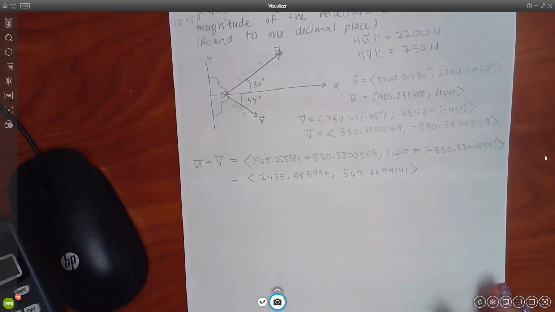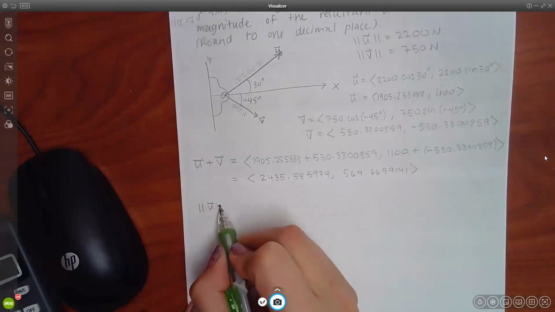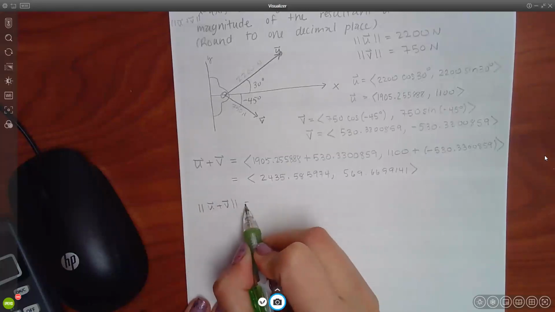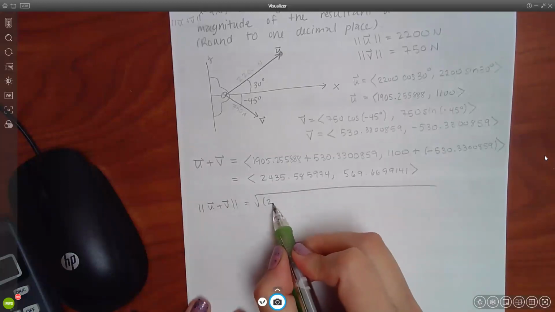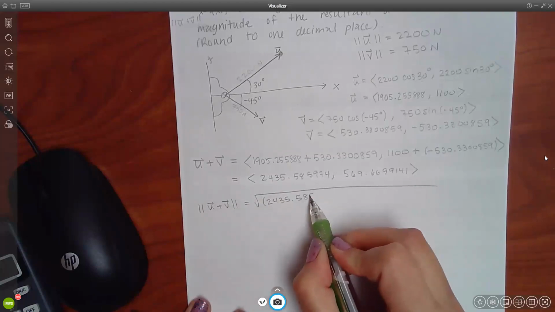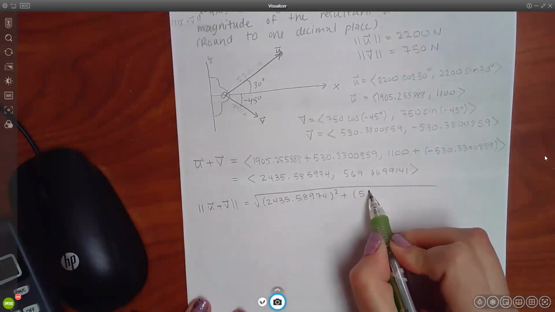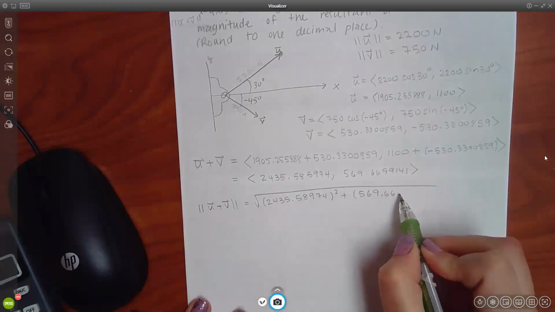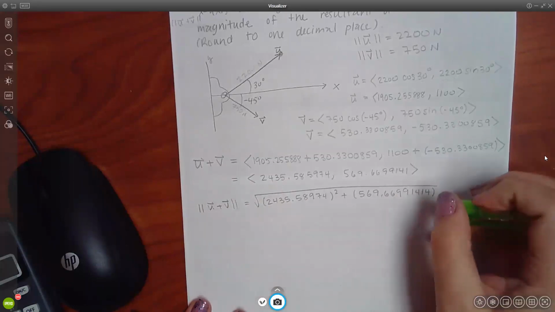So we need to recall our formulas. For the magnitude of U plus V, all we have to do is take the square root of each component squared. So this guy squared and then the other guy squared. Now I'm writing down every single step in case somebody's coming back and watching this.